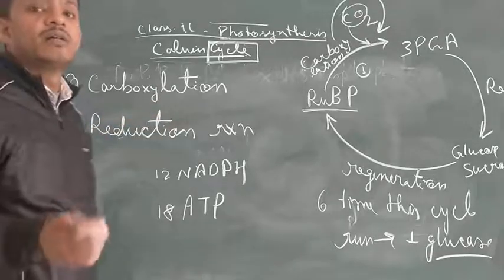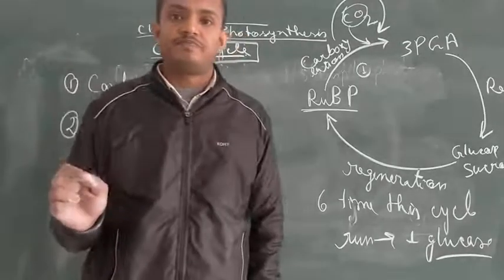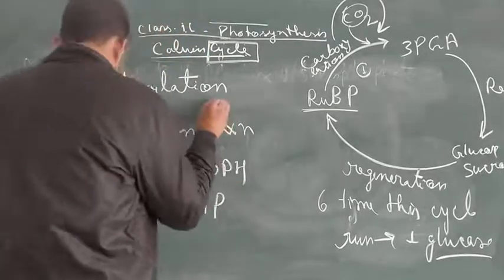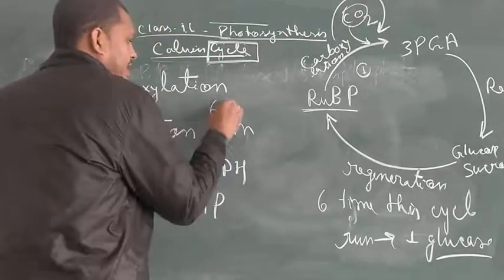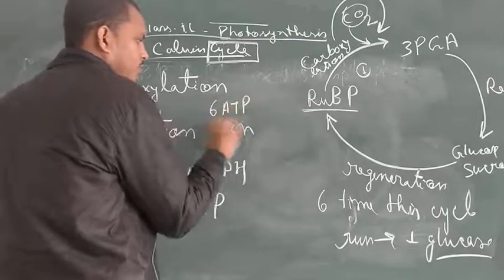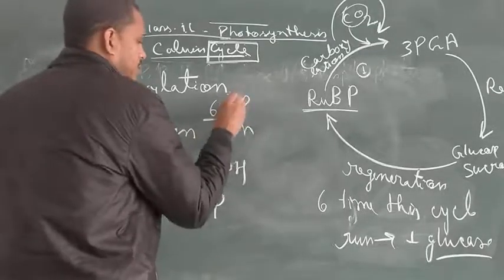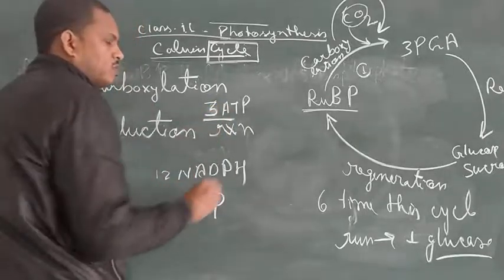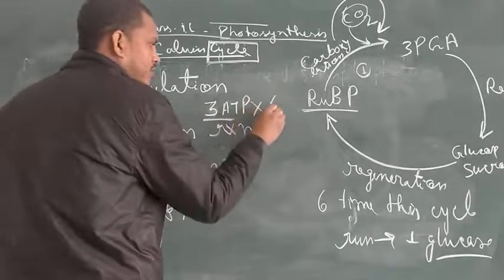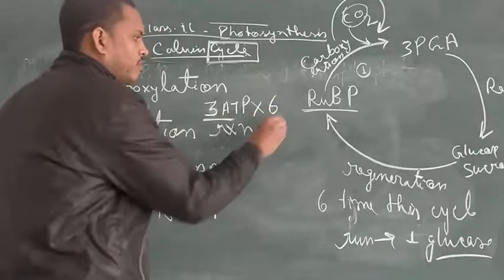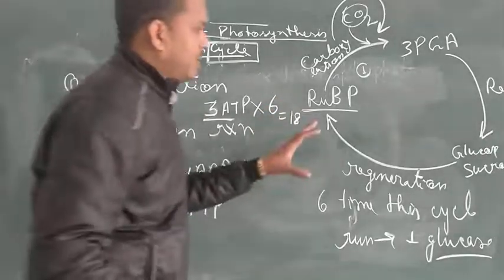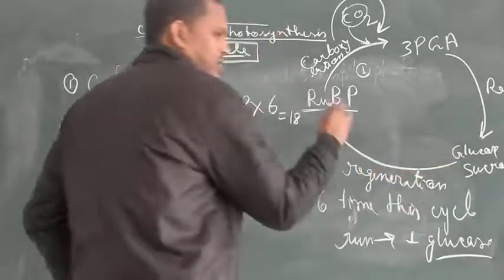That will become how many? That will become 18. 3 ATP molecules are going to participate 6 times, equal to 18. So in this way, what happened in the regeneration phase?